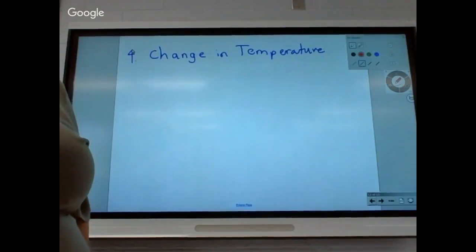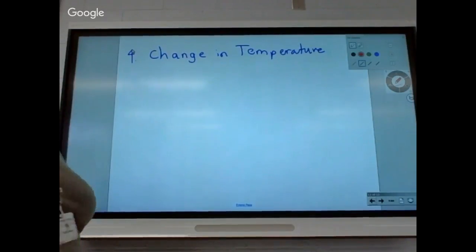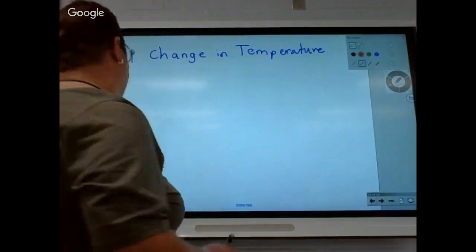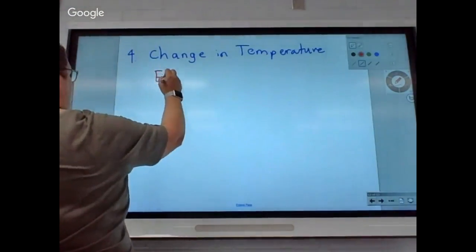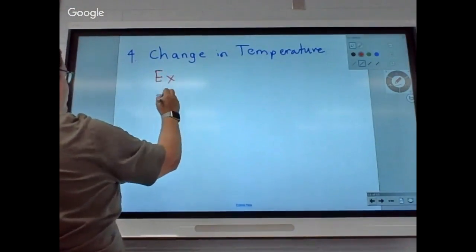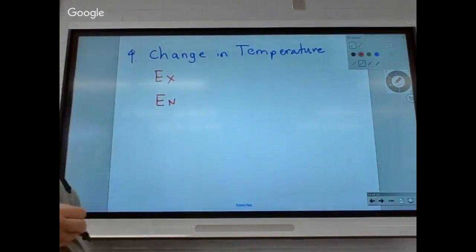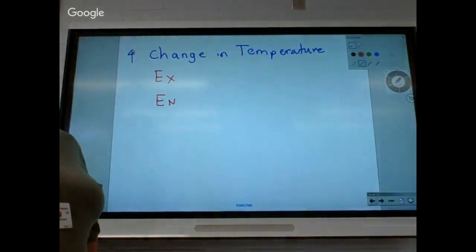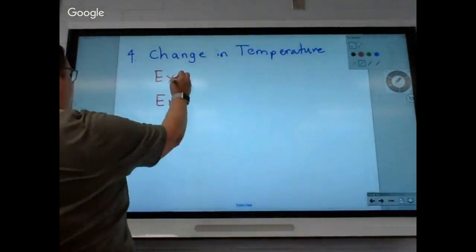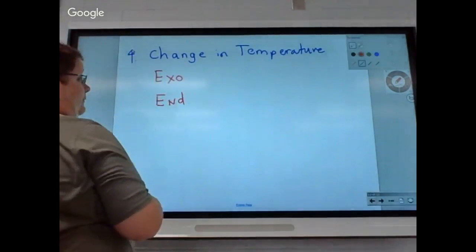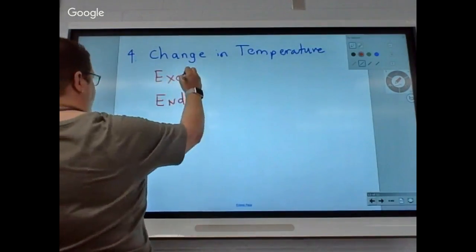Not external. Endothermic and exothermic. There you go.